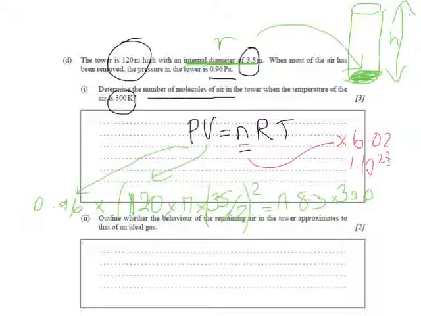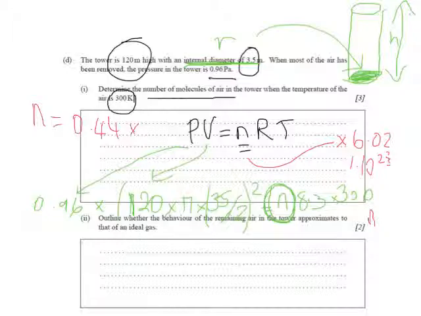Okay, so if we work all of this out, in the end, we end up with a value of n. Let's put it over here. n equals 0.44. And to find the number of molecules, we now multiply that by Avogadro's constant.